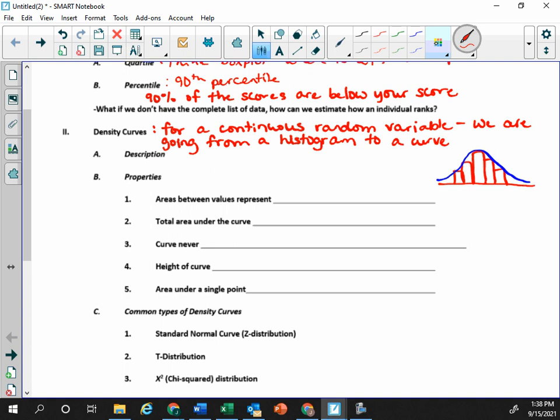And as far as description here, it just shows us the nice overall pattern. You can see we had these bars in our histogram, and now we can just see this nice smooth continuous pattern that's going on.